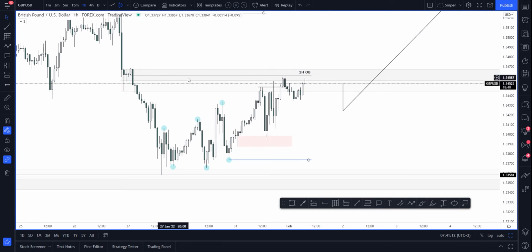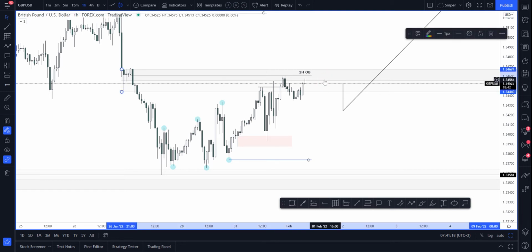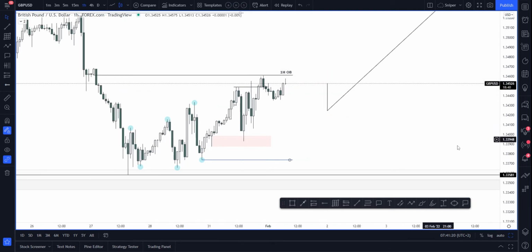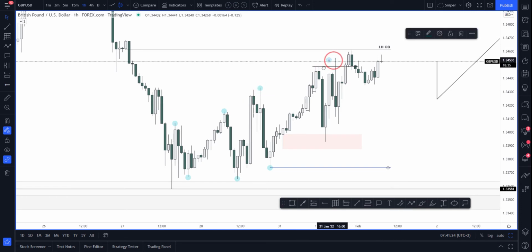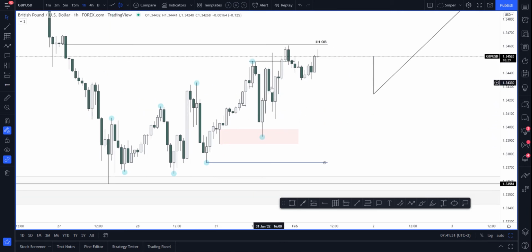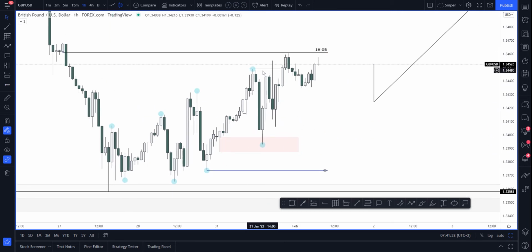And we're seeing this 1 hour order block, and we can see price respecting it and reacting off of it. So we know where price is sensitive for a reaction. But ultimately, we trade the intraday levels and we trade the intraday momentum. We can still clearly see that the structure was towards the downside, but towards the upside you can see it's turning bullish, with price making higher highs and higher lows, trending towards the upside.